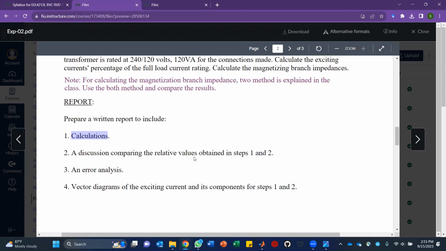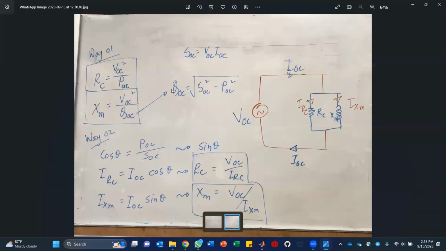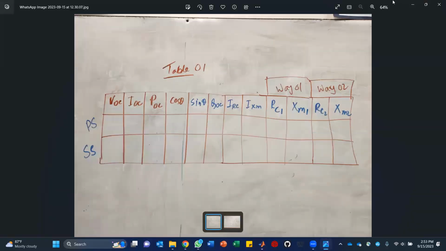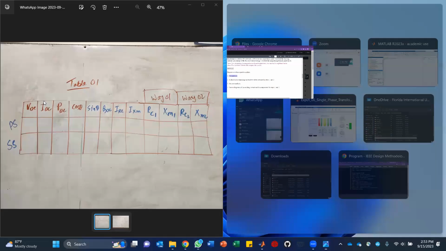You also need to discuss the valid values that you obtain, and there will be some similarities, some dissimilarities, mostly similar, but you need to identify the errors. Like for instance, R1, if we calculate, okay, let's go back.